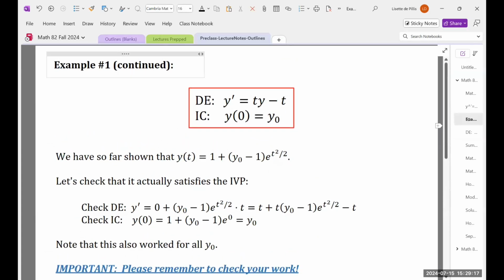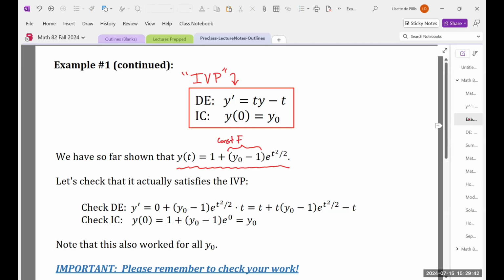All righty, let's look at what that means in summary. The initial value problem we solved, this whole thing, a differential equation with its initial condition, is called an initial value problem, or IVP for short. And we've shown so far that the solution looks like 1 plus y naught minus 1 e to the t squared over 2. And remember, this was our constant.